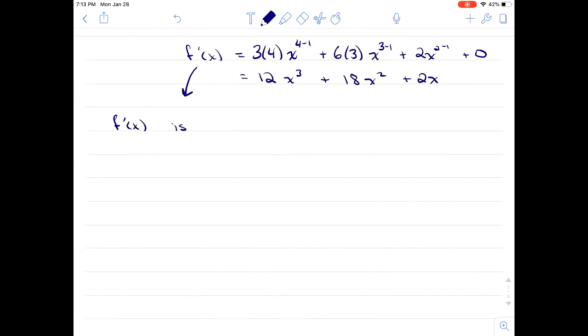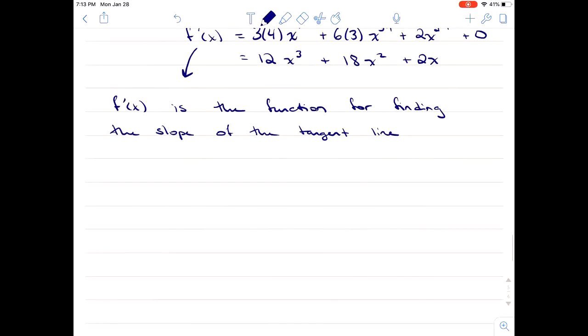So f prime of x is the function for finding the slope of the tangent line of f of x at x equal to a by finding, and here's the trick, the derivative of f at a.